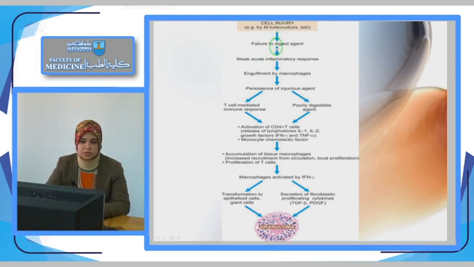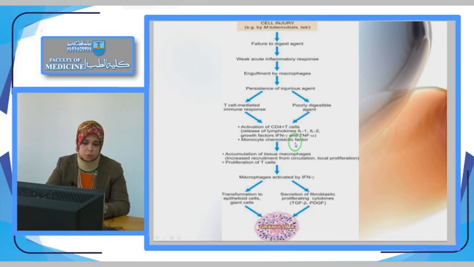Okay. When the body fails to digest the antigen, a weak acute inflammatory response occurs, and engulfment of this pathogen by the macrophages takes place. With persistence of the injurious agents, a T cell mediated immune response occurs, with a poorly digestible agent leading to the activation of CD4 positive T cells and the release of certain cytokines.